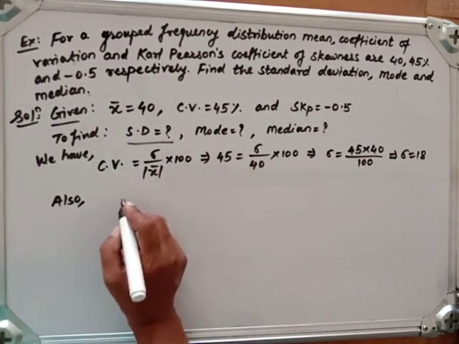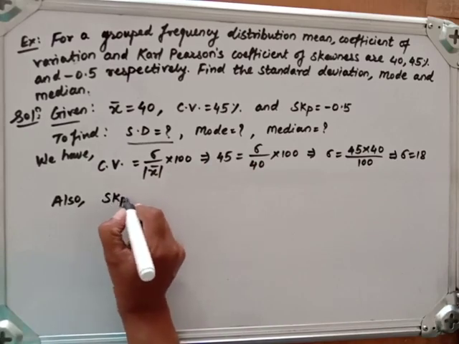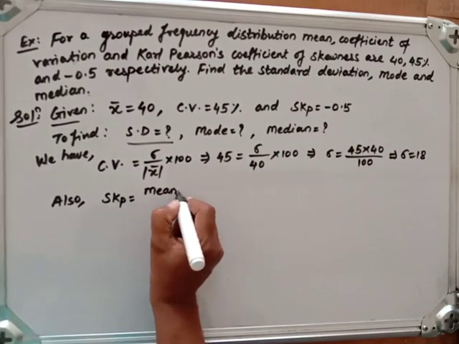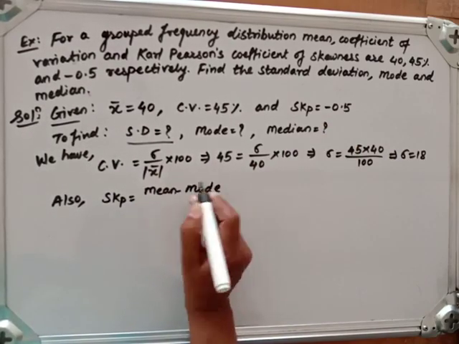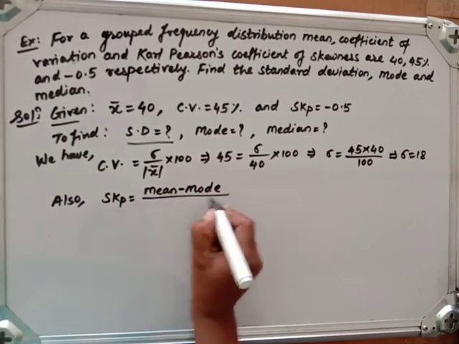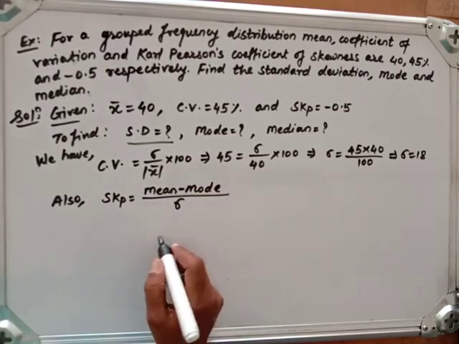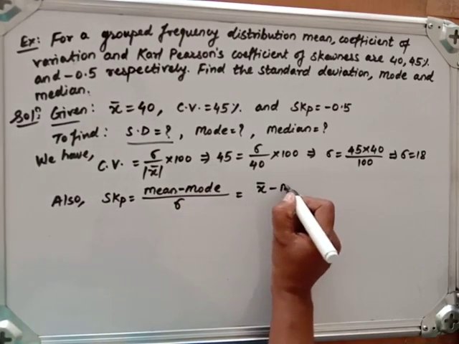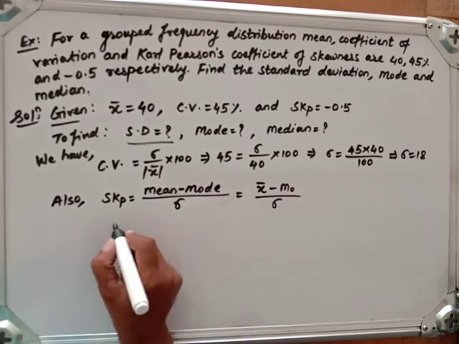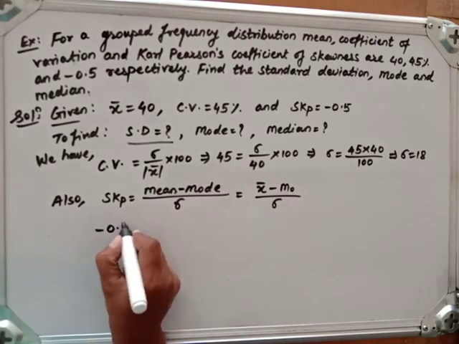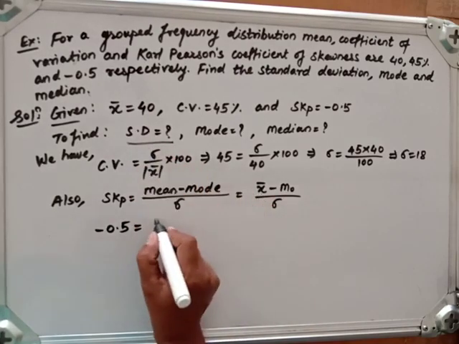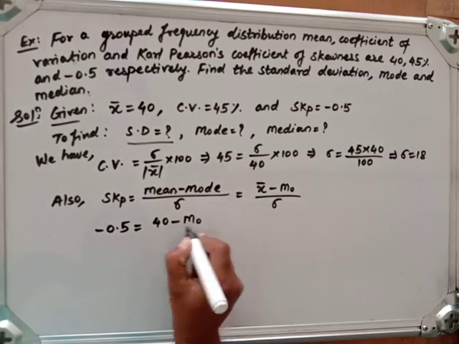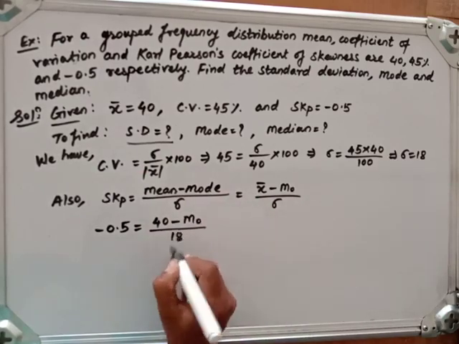Now mode. Let us see for mode. We have the result of coefficient of skewness is mean minus mode upon standard deviation sigma. That is x bar minus mode upon sigma. So this value with us is minus 0.5. That is mean with us 40 minus mode, which is not with us. We have to determine that, and standard deviation with us is 18.